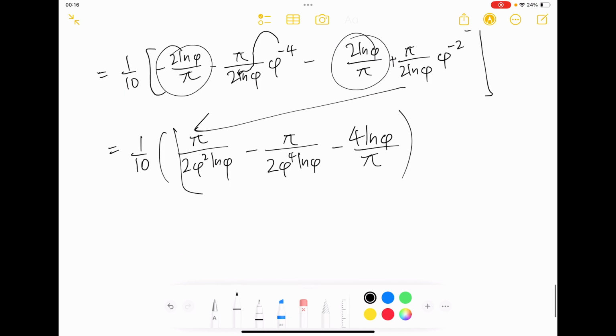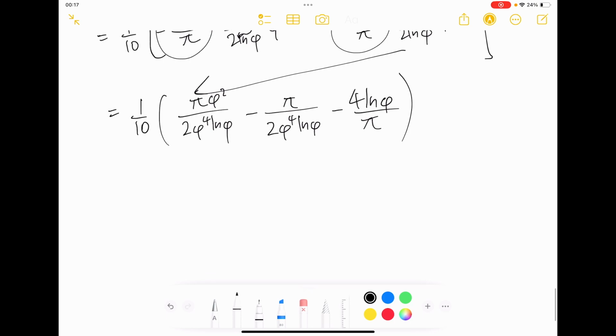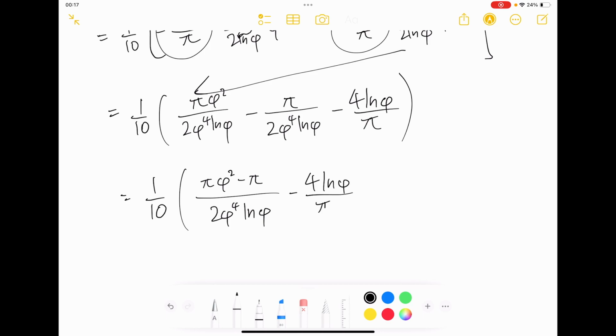And we'll try to combine these 2 fractions just because the denominator is quite similar, and we'll do that by multiplying by phi squared on the top and bottom, and combining that becomes pi phi squared minus pi divided by 2 phi to the 4th ln phi minus 4 natural log phi over pi.